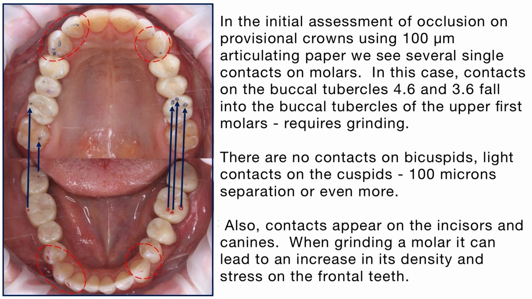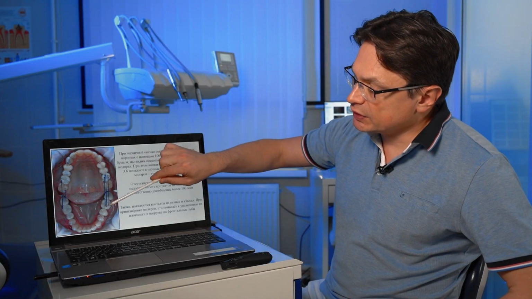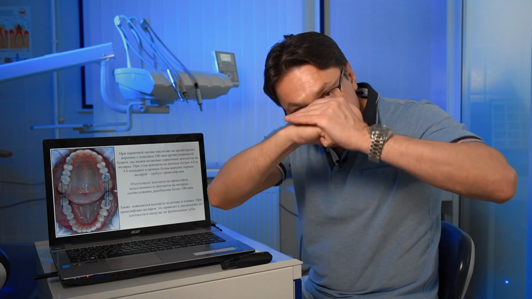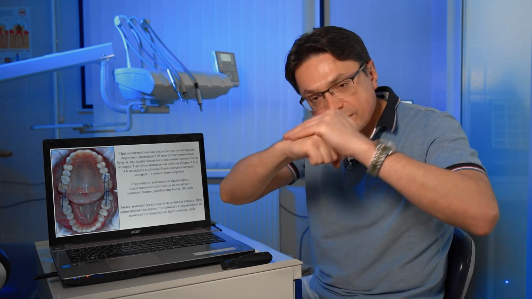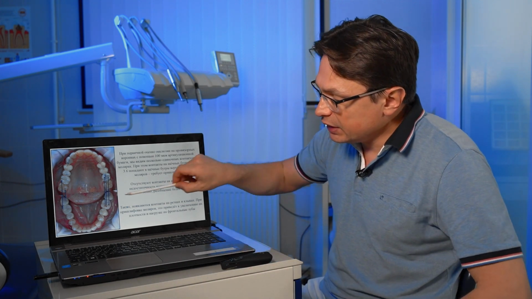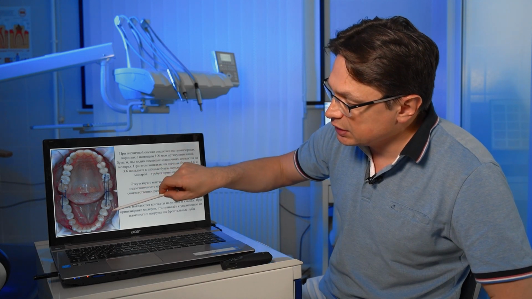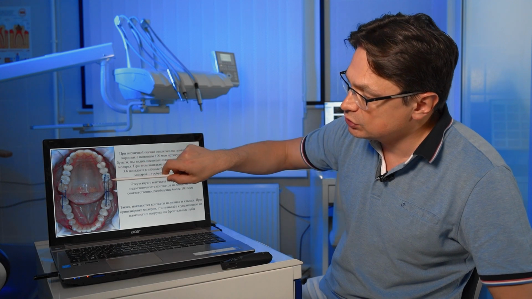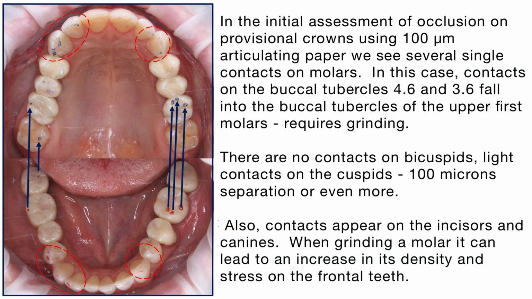We mark those contacts on the antagonists and the teeth themselves. Pay attention, it is important for me that, remember, occlusal kung fu, the tubercle must enter the fissure. Therefore, I clearly understand, checking the contacts, where and what contacts I have. You see that these contacts are not enough. Somewhere I have point contacts and somewhere none at all.